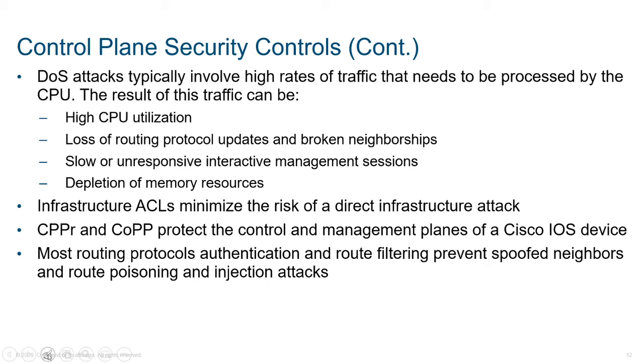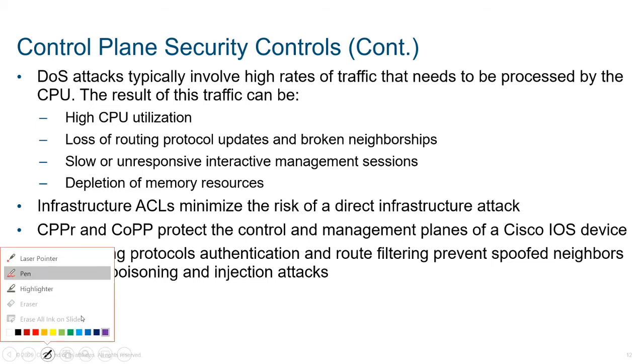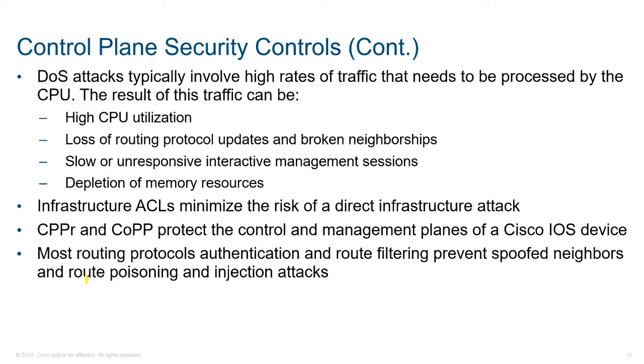So when we look at some examples of the different types of DOS attacks, the DOS attacks are generally going to be attacking our network infrastructure, and when our CPU is too high of a utilization, then we can certainly start dropping routing protocol updates or just dropping traffic in general, having very slow and unresponsive management sessions.